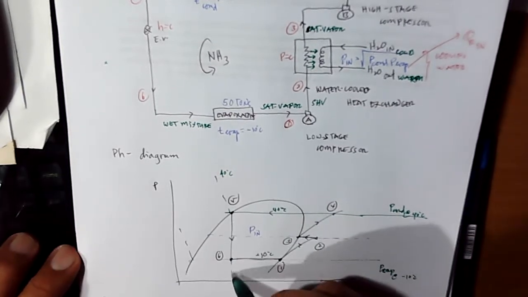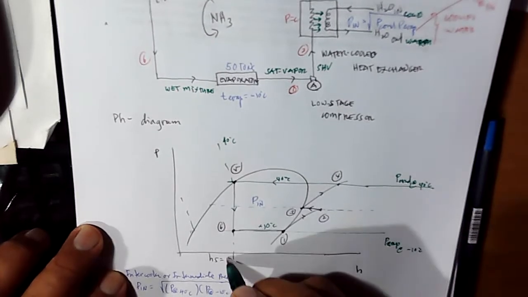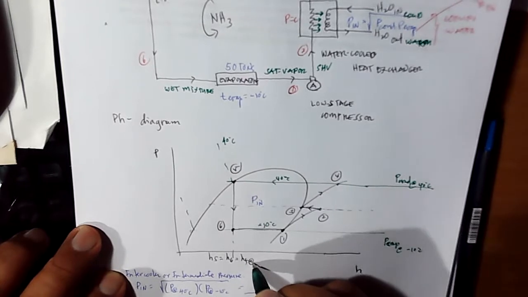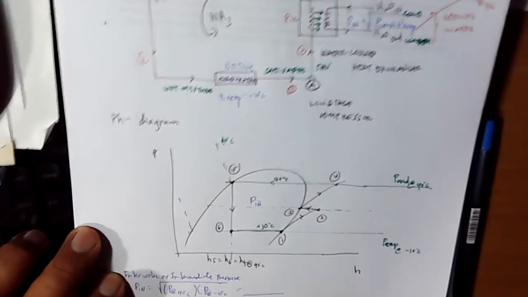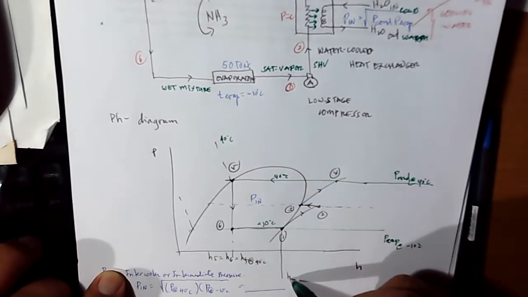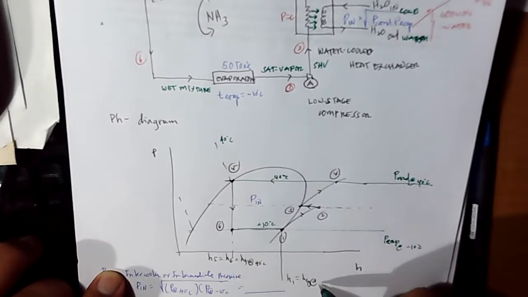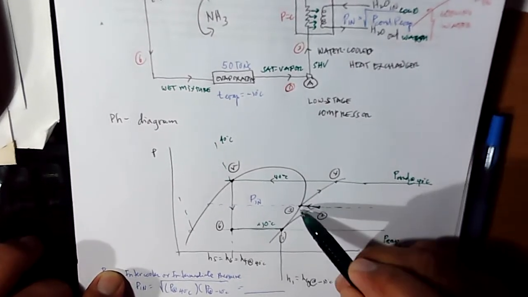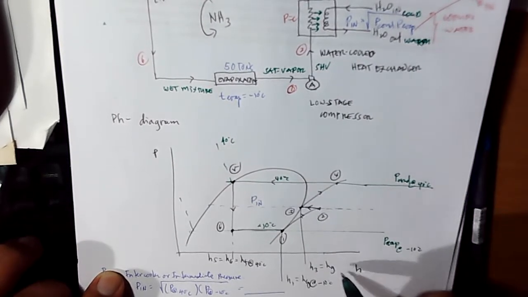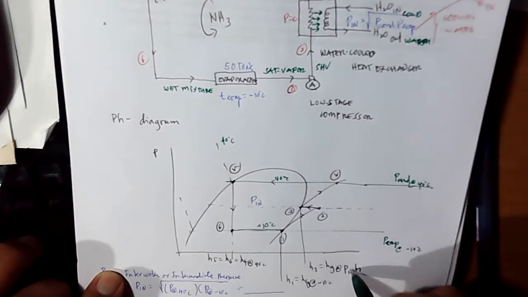H5 now is equal to H6, at hf at 40 degrees Celsius. H1, of course, is equal to hg at negative 10. H3 is hg at the corresponding P intercooler.